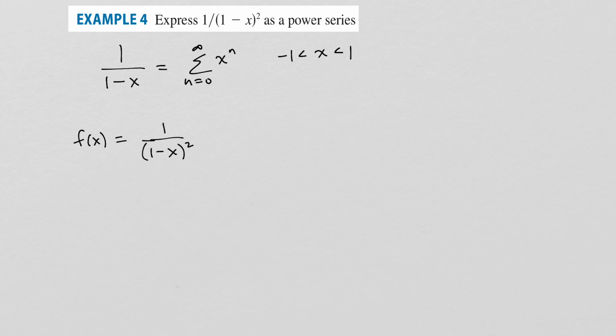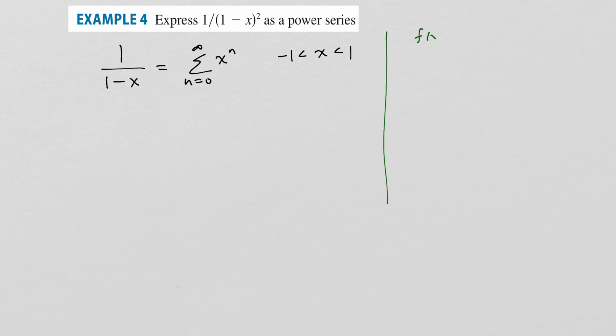So if it was just x that was being squared, we could just make a substitution. But because it's the whole thing, this is not going to work here. So let's think about how do you get from a function like this to a function like this? And let me pause for a second here to talk about derivatives.